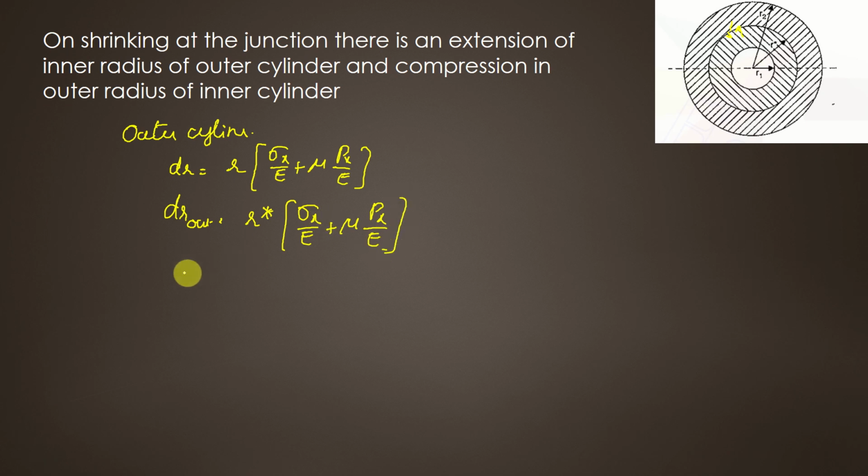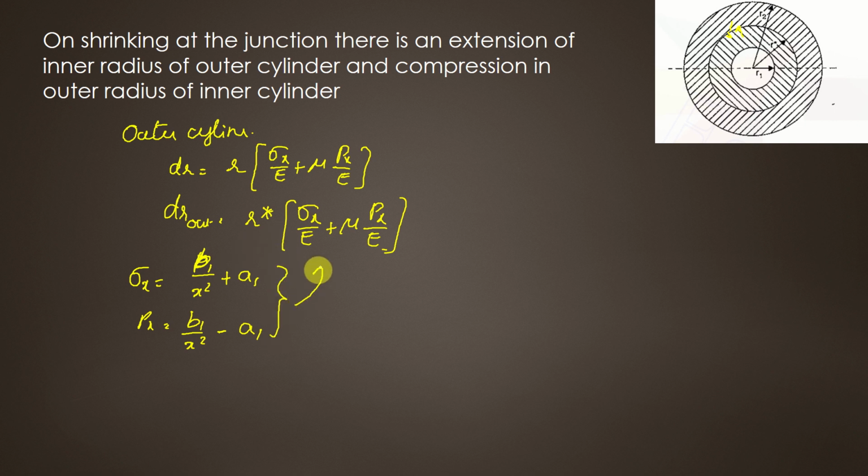What is the sigma x value for the outer cylinder? Sigma x is equal to b1 by x square plus a1, and we have px value b1 by x square minus a1. These two are the Lame's equations.